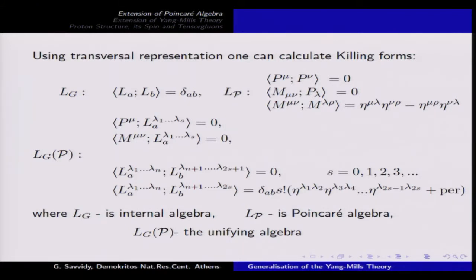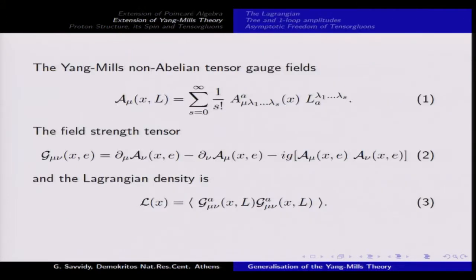So we have this internal algebra, this Poincare, and I use this notation LGP, which means the unifying algebra of the Lie group and Poincare group.